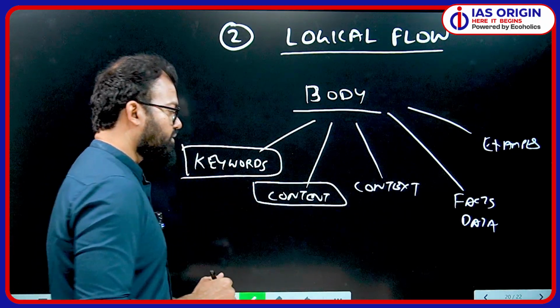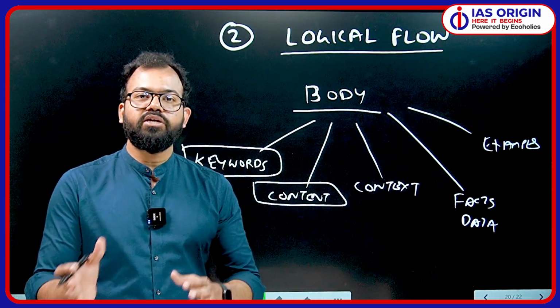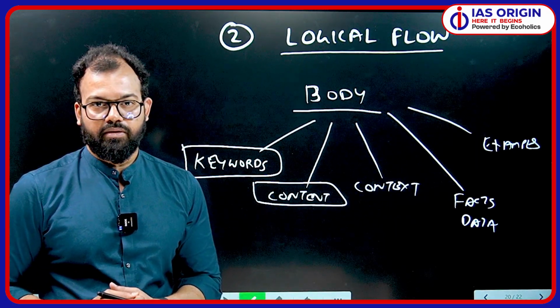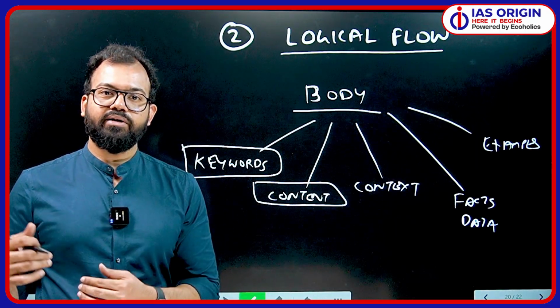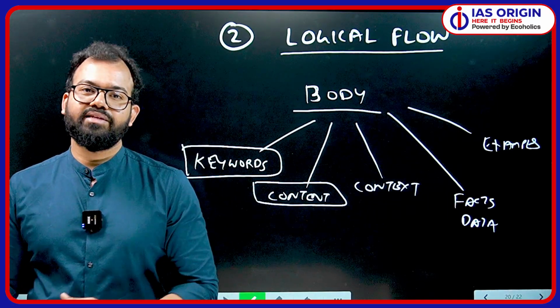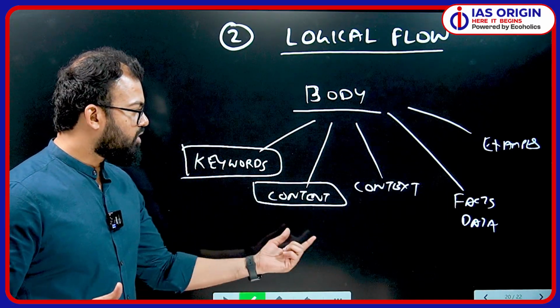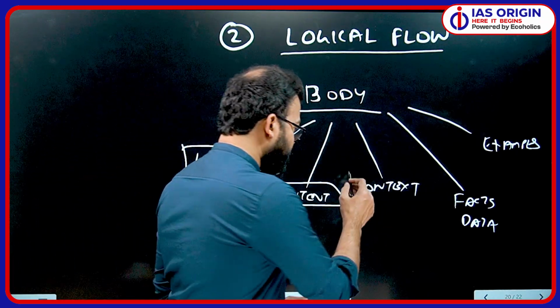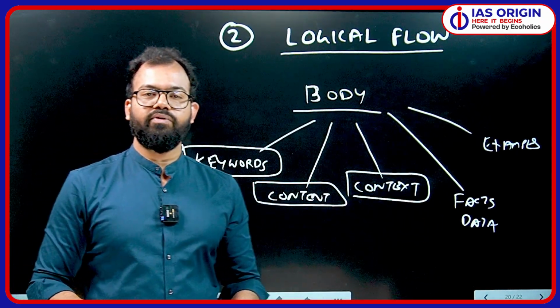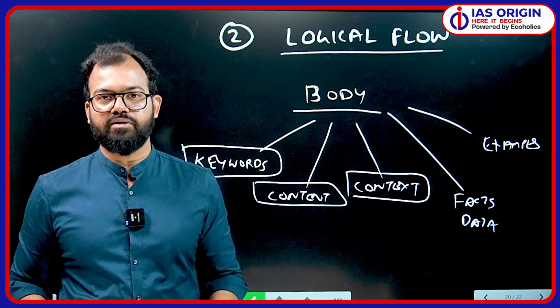Next is content. Content means the information of that particular incident, like the MGNREGA scheme. So 100 days of employment, non-agricultural labor, etc. That is content. Next is context. Context is very vital. Like in 2024-25, we can criticize our first prime minister.